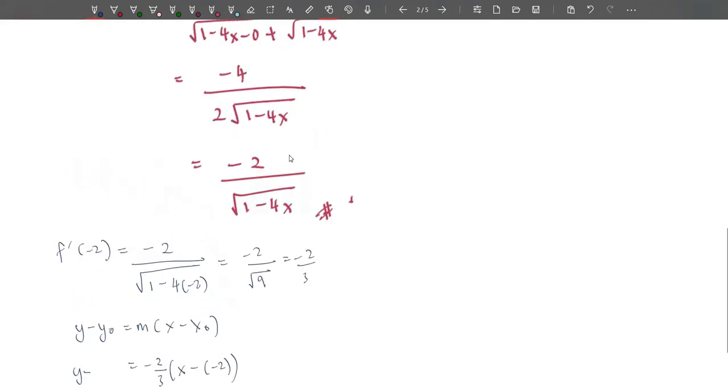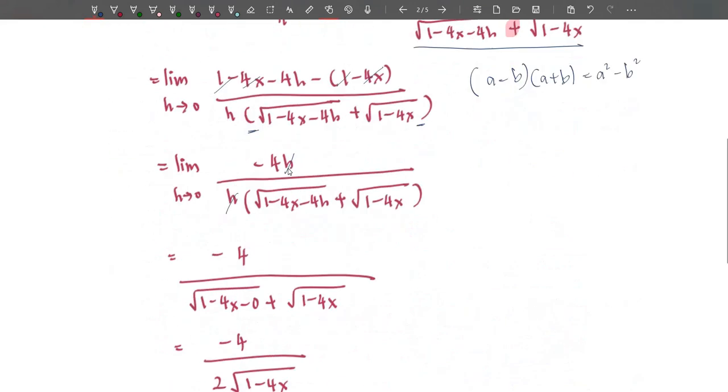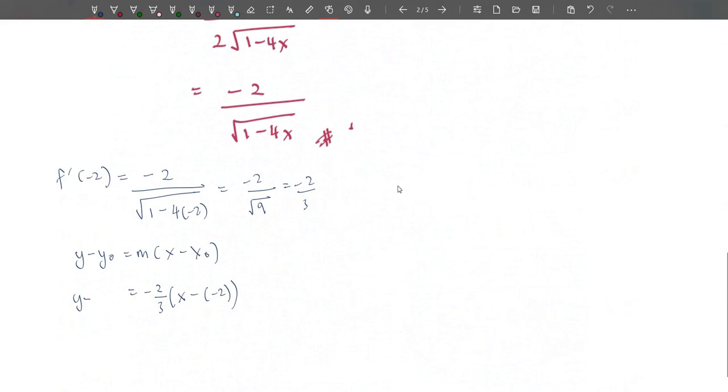I hope you have the answer. We can actually find the value of y naught by using this function. Remember, y is equal to f of x. So f of x equal to root of 1 minus 4x, and therefore y is equal to root of 1 minus 4 times negative 2, equal to root of 9, which is equal to 3 here.